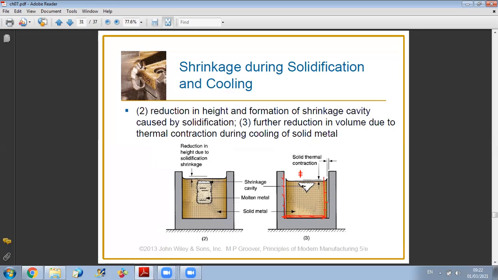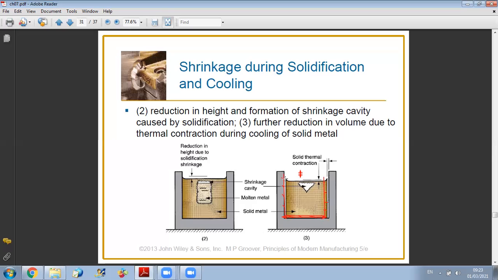The solution is to have a riser, because when you have a riser, the riser will continuously supply molten metal, which will avoid formation of cavities due to shrinkage. Now, after this, when we have complete solidification, we have a further reduction in volume due to thermal contraction during cooling of the solid metal.